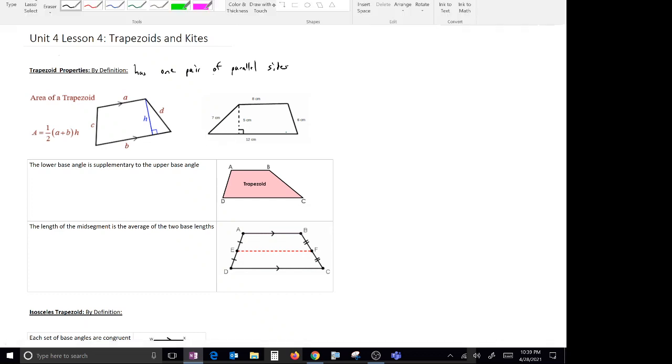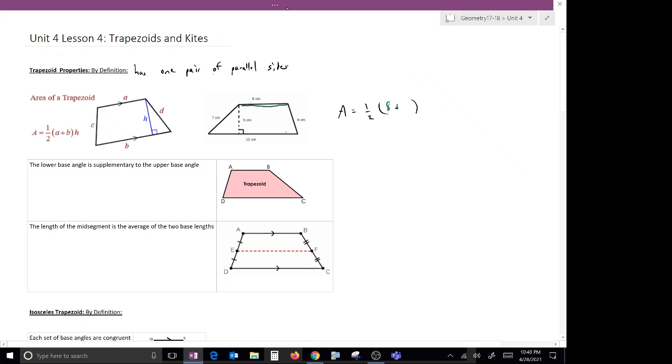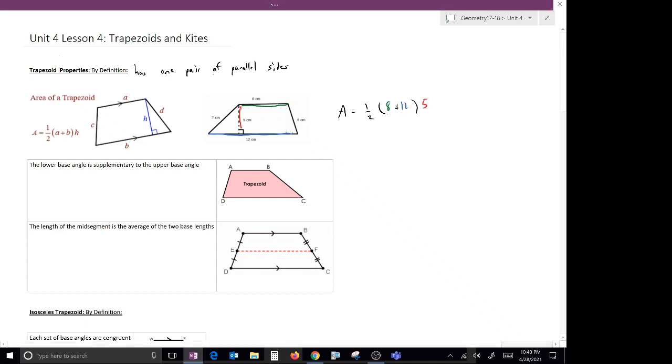The area of a trapezoid is 1/2 the sum of the bases times the height. So we have the two sides that are parallel to each other, we call those the bases. And so for our area, it'd be equal to 1/2 times 8 plus the other base, 12, times the height, which is 5.